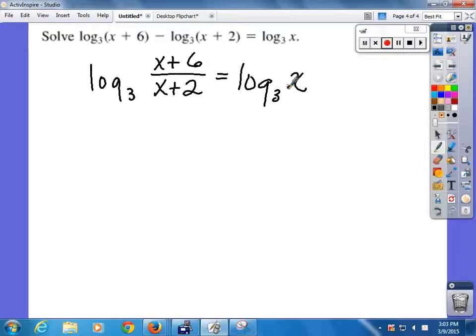Now what do you do when the bases are the same and they're set equal to each other? Set them equal to each other.